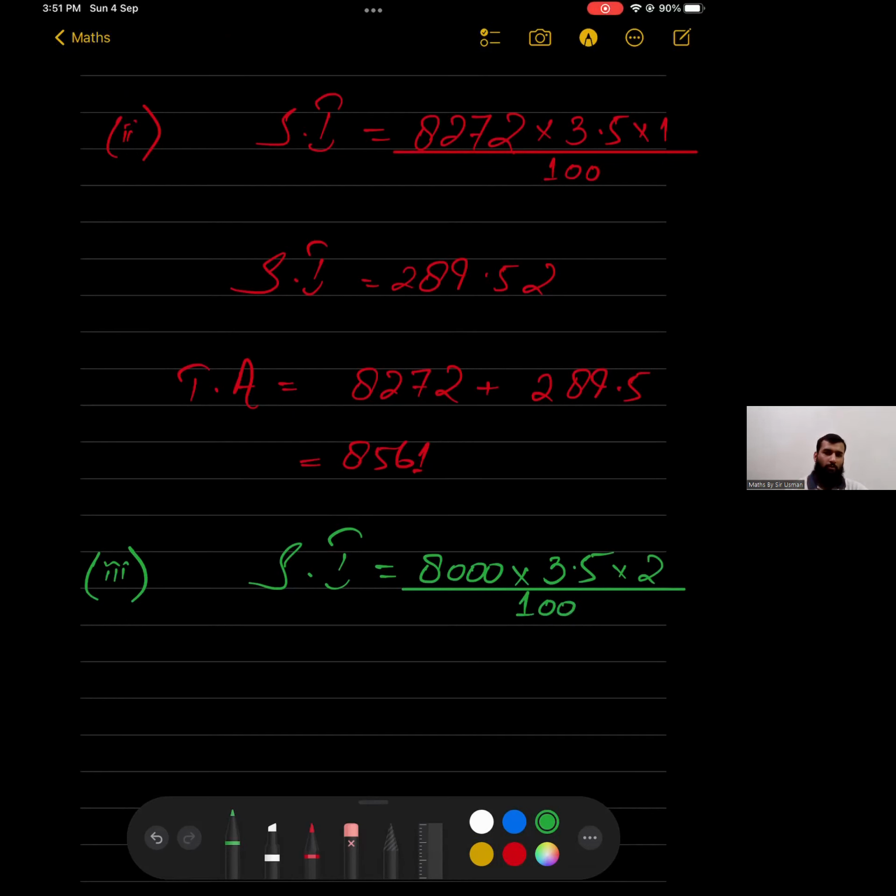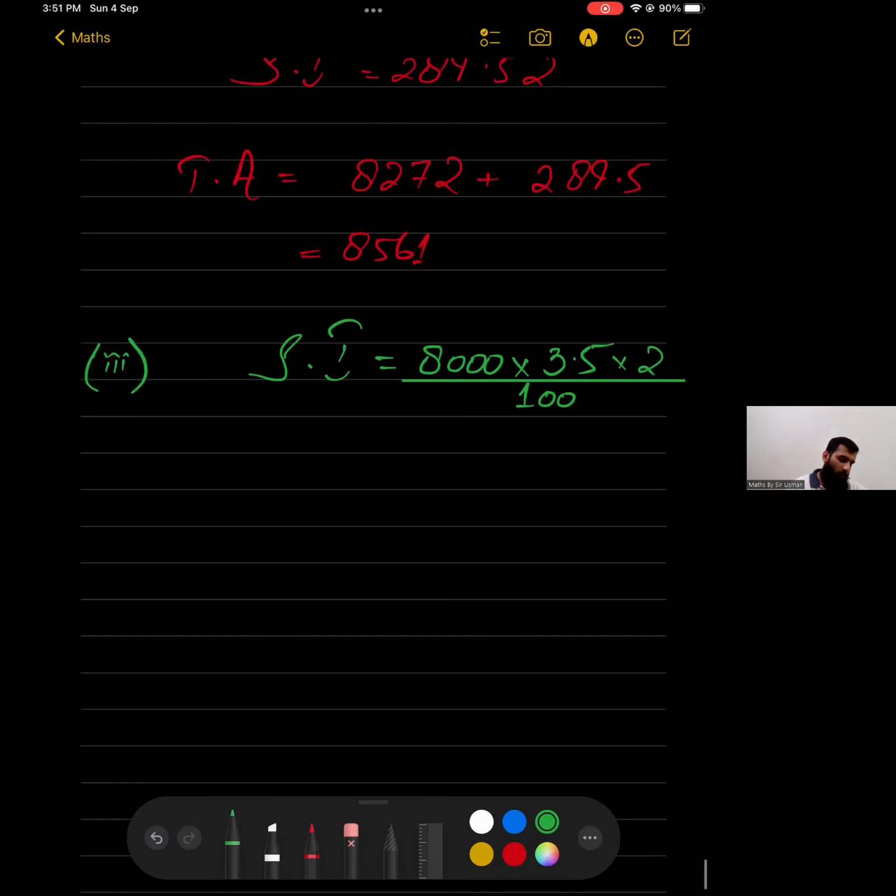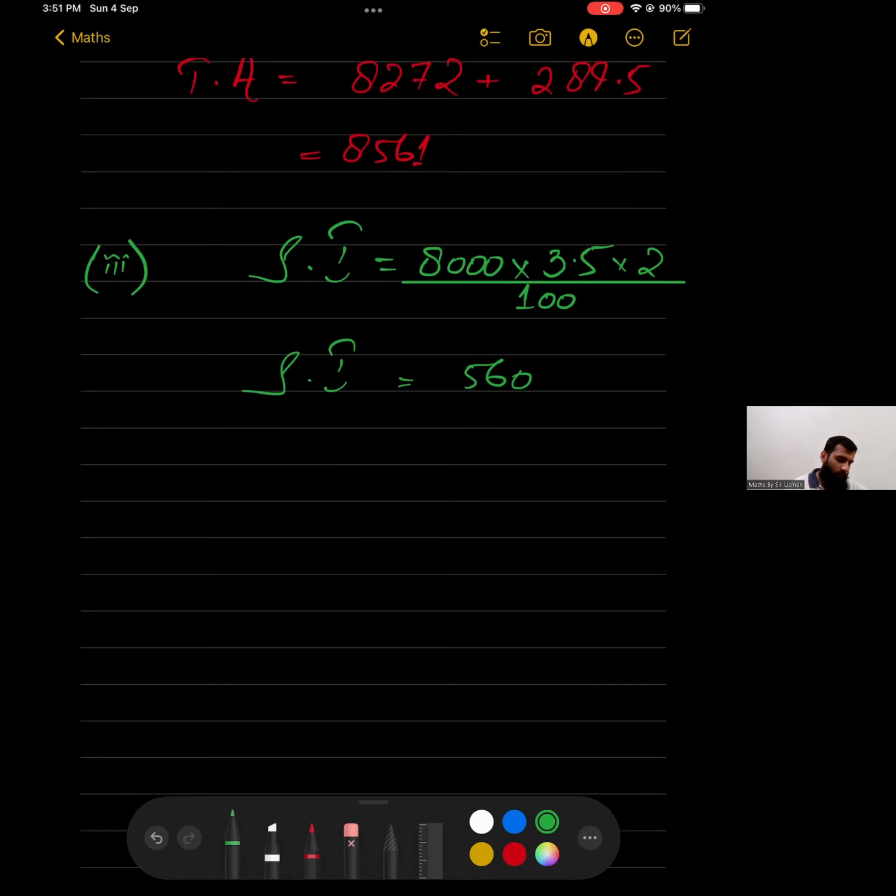Total amount पूछ रहे हैं हमसे. Can any one of you tell me the answer? Perfect. So this is 560. So the total amount is going to be $8,560.